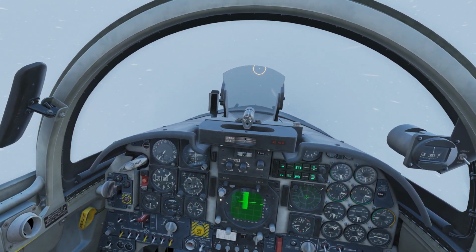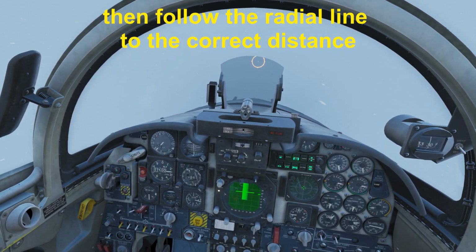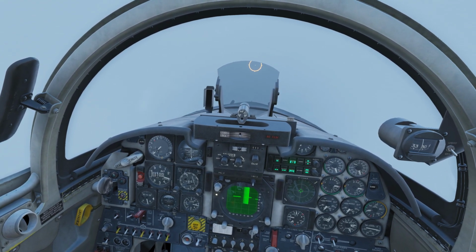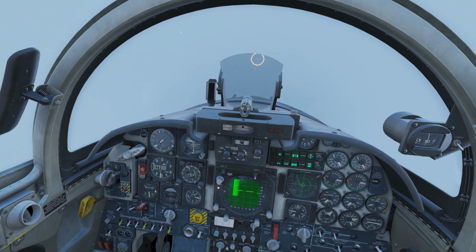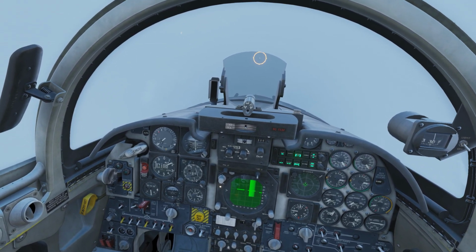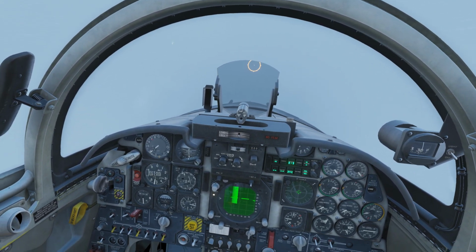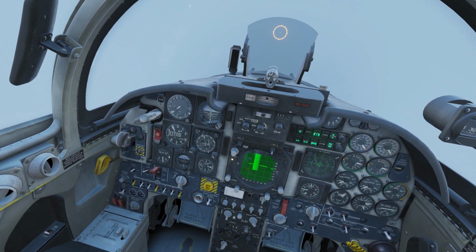Nice gentle descent here through the soup. About 10 degrees. Wings level. We're 18 miles from the Tacan station. And as you see, the line is coming about center line.